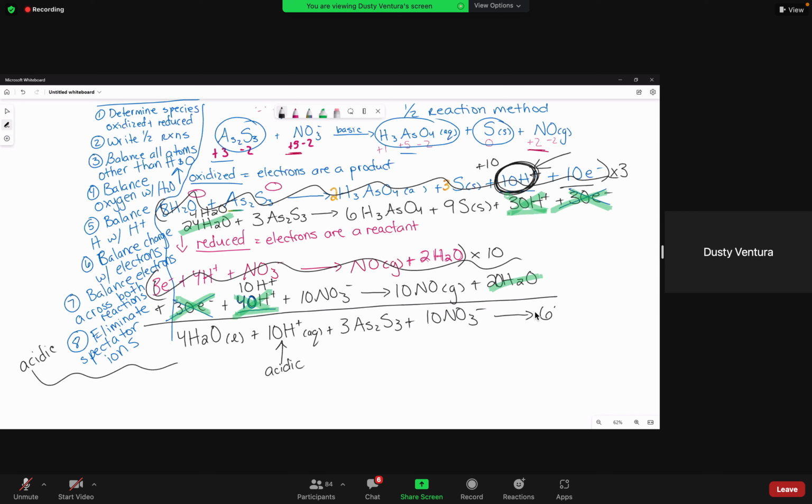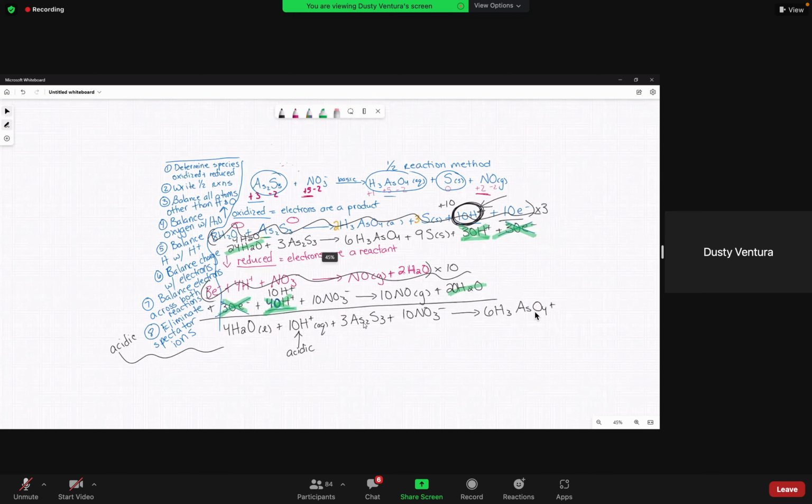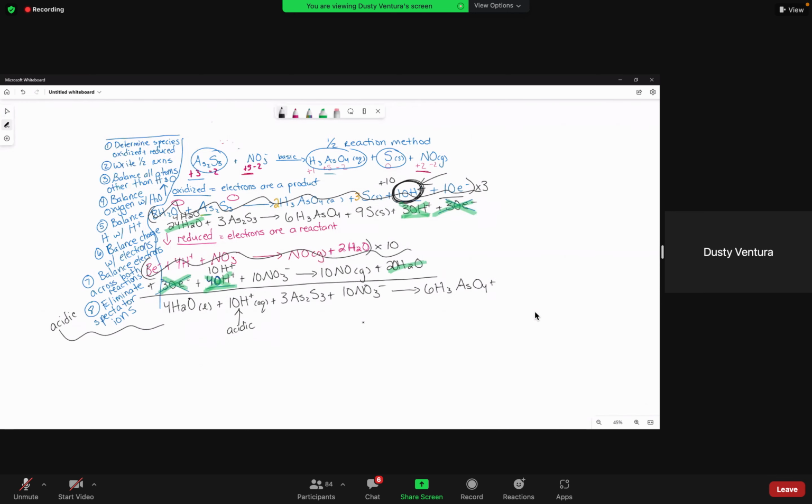Then I've got 6 arsenic acids. I guess that's it. I don't see anything else. Okay, that's everybody. So this is balanced in acidic media. The number of electrons transferred is 30.